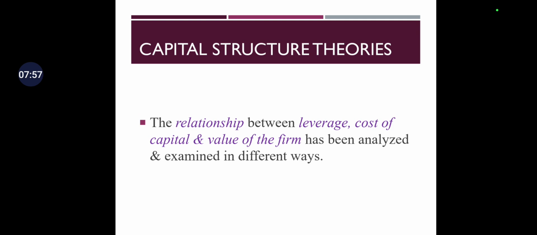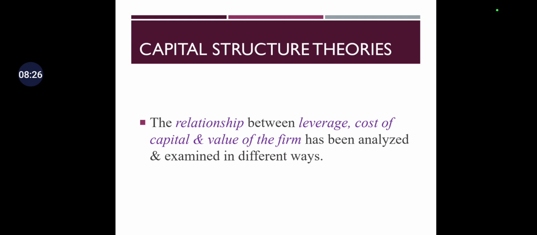So capital structure theory means we are going to relate three main things. One is leverage. Leverage is nothing but the debt content in your capital structure. So both equity and debt, it's nothing but the leverage. And the cost of capital. For the debt, you will mention KD, and for the equity, the cost will be expressed as KE.